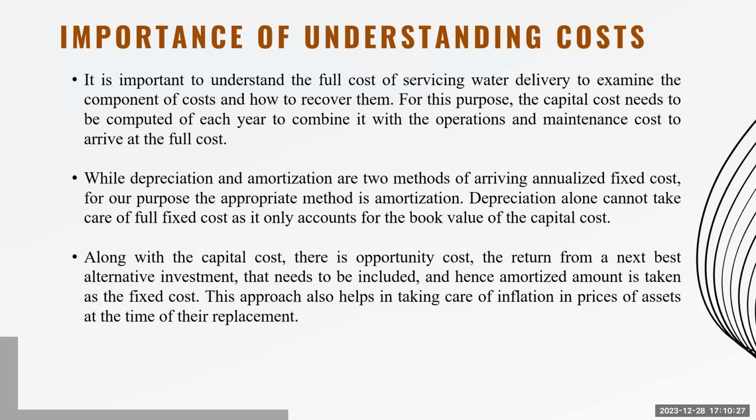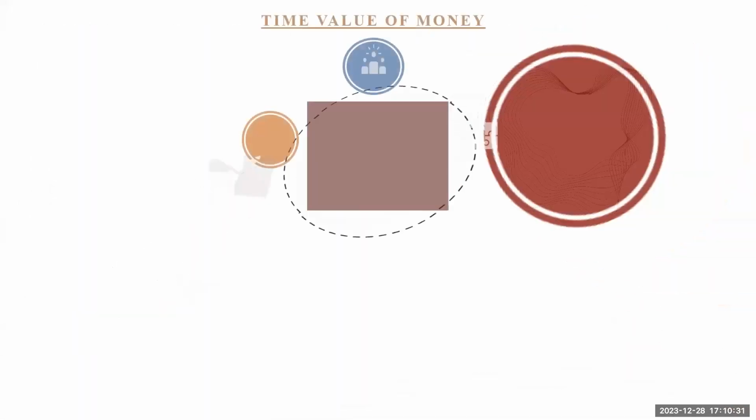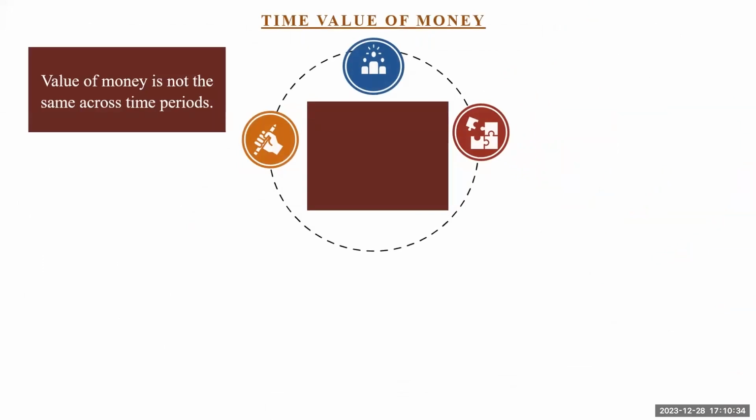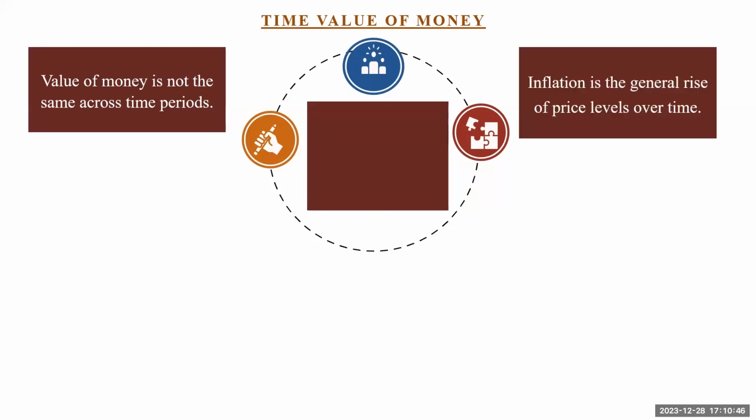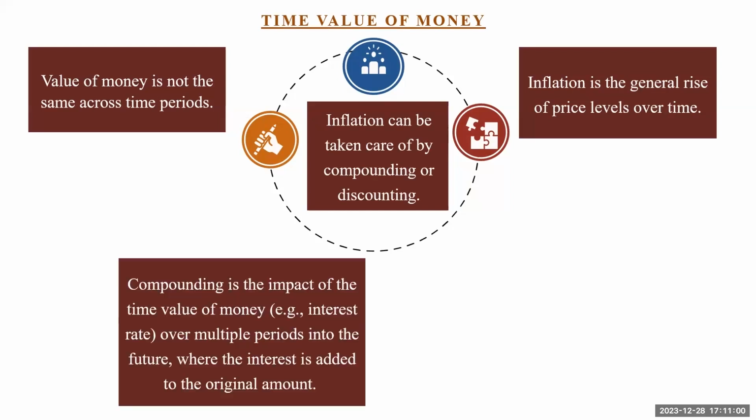So therefore, we look at appropriate ways of doing it, and that's what the time value of money is, in the sense that today's rupee is not the same as tomorrow's rupee, and it is not the same as what it was yesterday. So there is an inflation component in the money value. We need to take that into account, and it can be taken care of by either compounding or discounting.